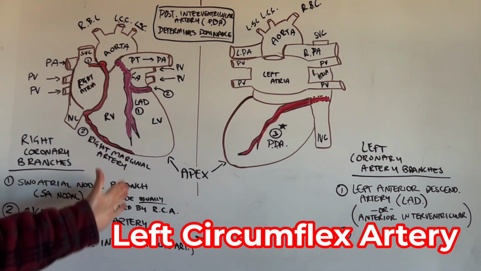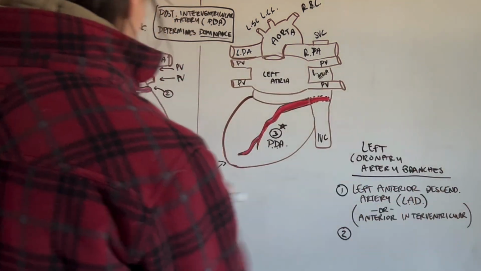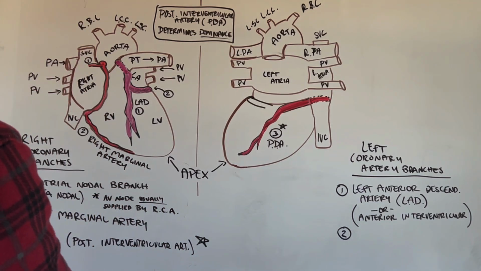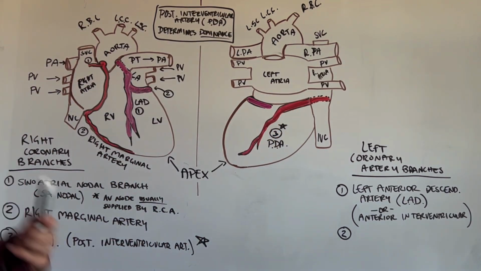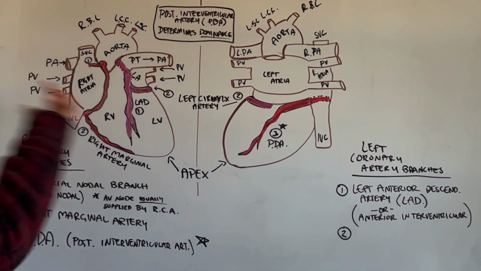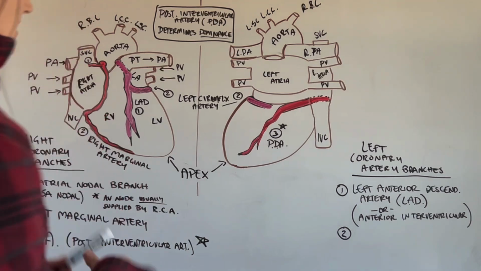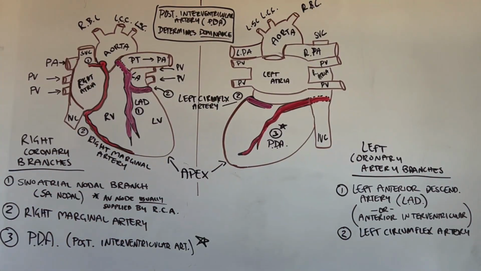So our LAD comes off, and then our left coronary continues and goes around the side of the heart to get to the back side, and that portion is known as our left circumflex artery. So the portion that goes around the heart, circles it, circumflex, is our left circumflex artery, which is our second branch of our coronary artery.